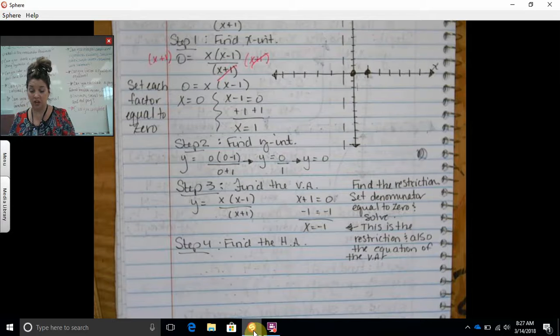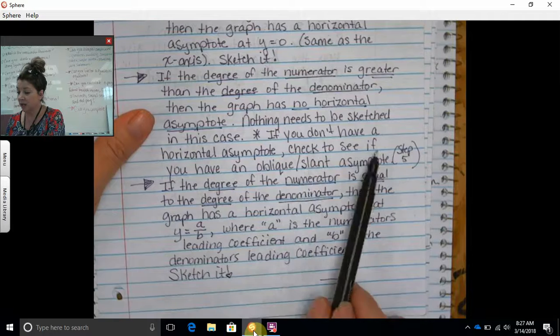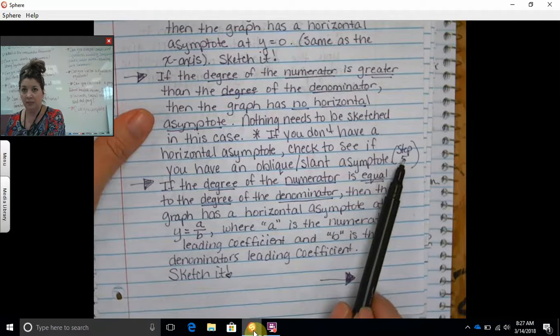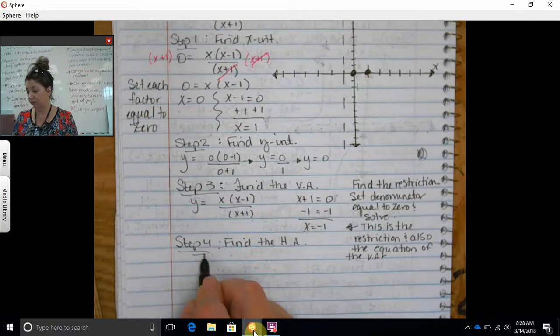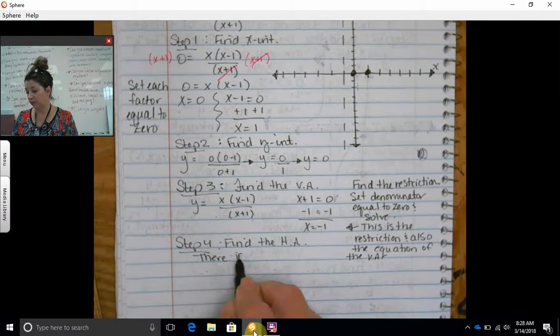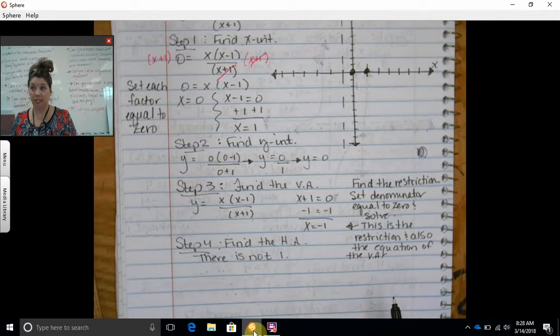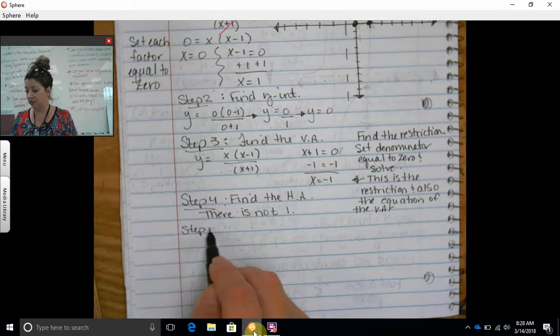But then we put a little star and said, if you don't have a horizontal asymptote, check to see if you have an oblique or slant asymptote in step 5. So we don't have a horizontal asymptote. We need to check to see if we have an oblique asymptote, which is step 5, and I'm going to remember to put the 5 this time.